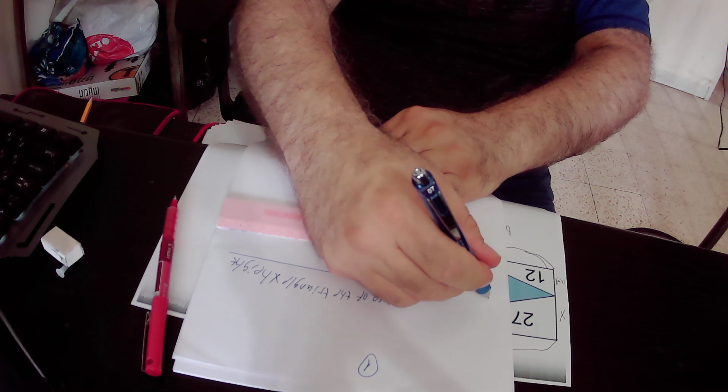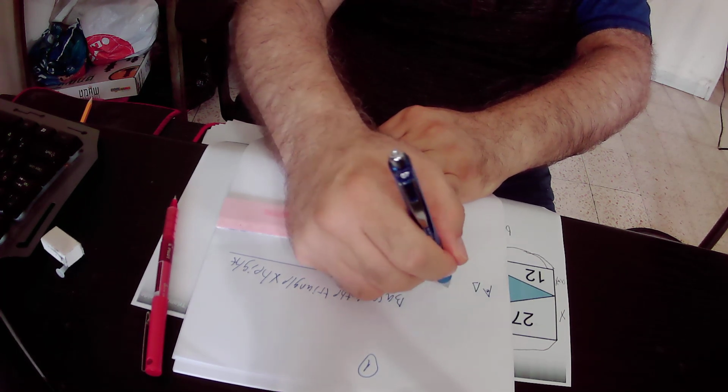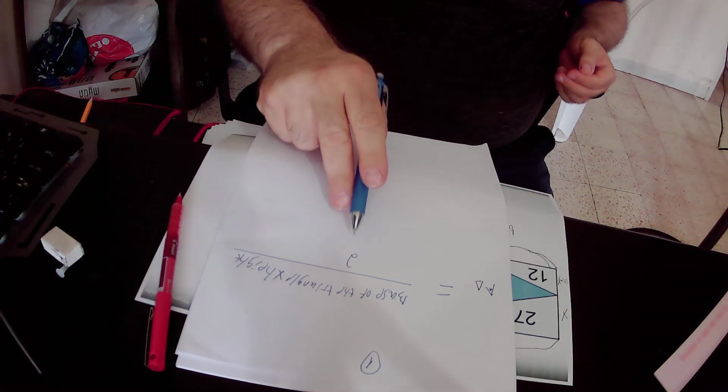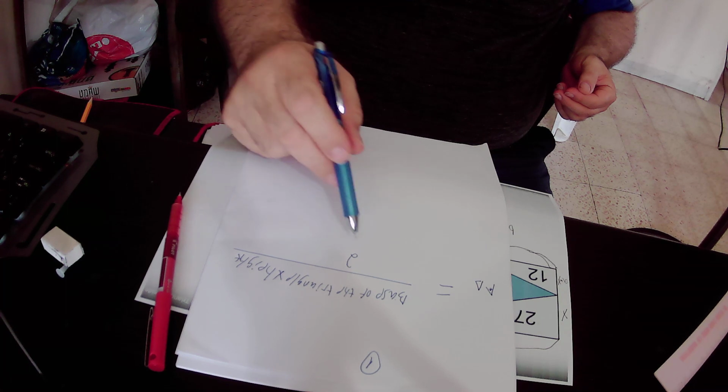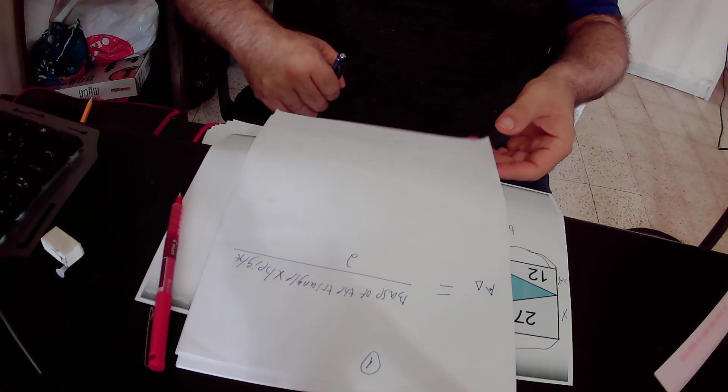That is the area of a triangle. The base of the triangle times its height divided by 2 is the area of a triangle.